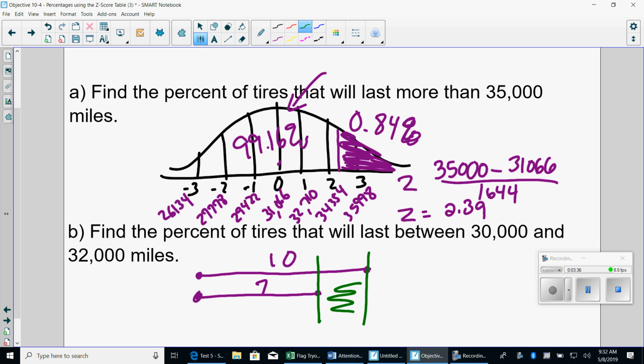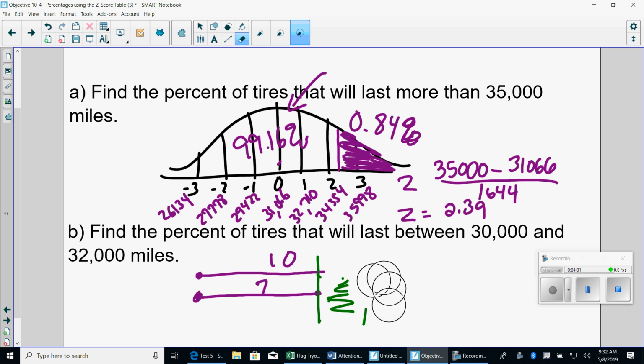What would it be? It'd be 3. Because you find 1, and it gives it to you to the left. You find the other, it gives it to you to the left, and if you take those 2 and subtract them, you'll get what's between.